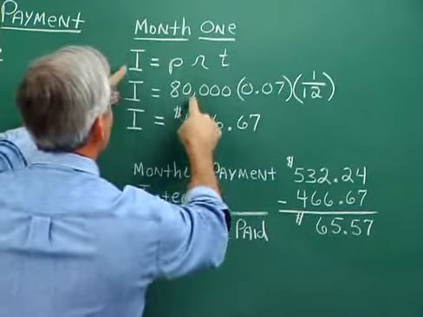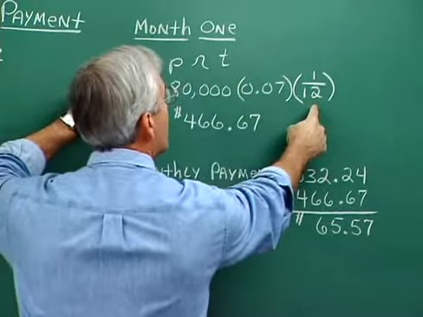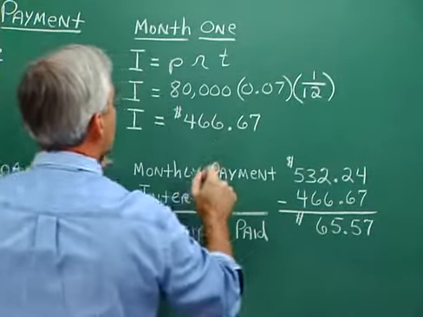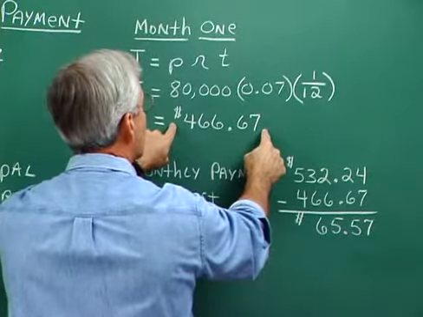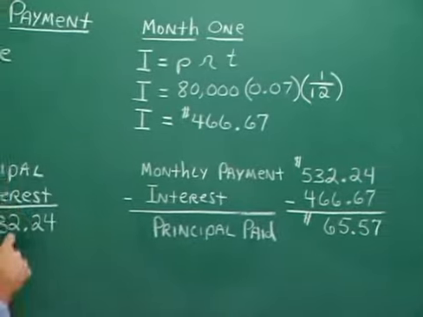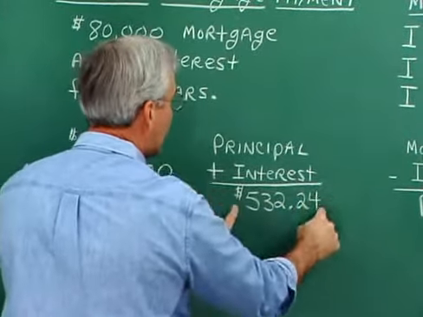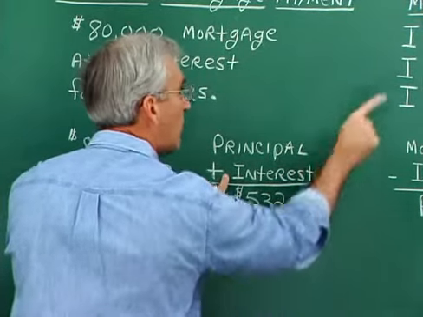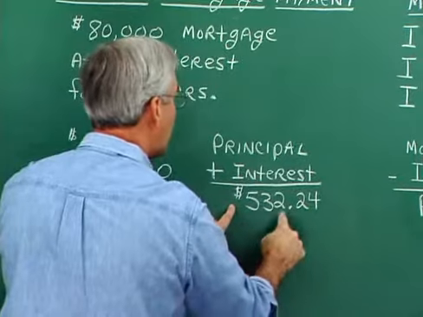So the principal is $80,000, the interest rate is 7%, and the time is 1 month, so it's 1/12 of a year. And so the amount of interest is $466.67. Now that means the principal part of this payment plus the interest part of $466.67 is equal to $532.24.